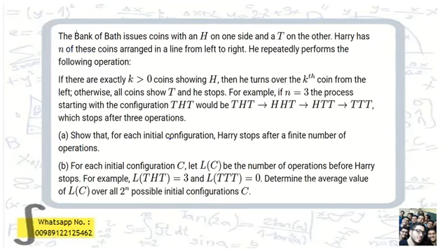for each initial configuration, Harry stops after a finite number of operations. So suppose that at first we have, for example, S H's, and we want to say that after some number of steps we can reach S minus 1 H's, and then similarly S minus 2 H's, and so on, until we reach 0 H's, which is what we want.